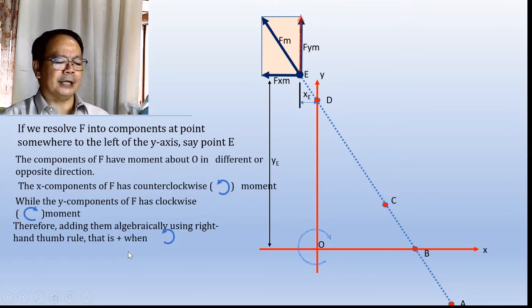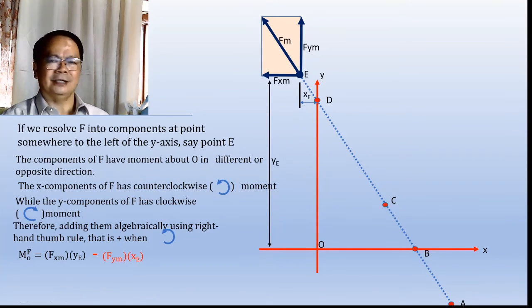Now, if we add them algebraically, again using the right hand thumb rule that is positive when directed in the counterclockwise direction, our moment becomes equal to F sub x sub m multiplied by y sub b, which is positive, minus F sub y sub m multiplied by x sub b, because that is clockwise in sense.